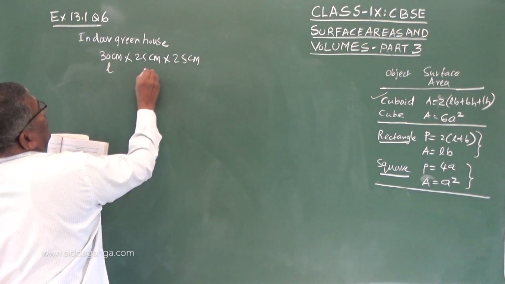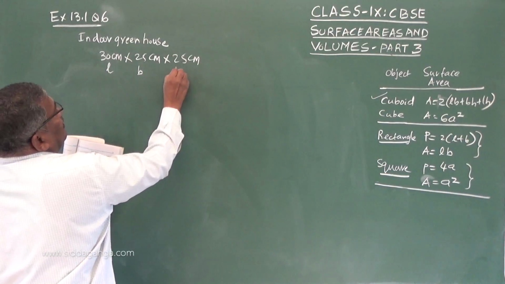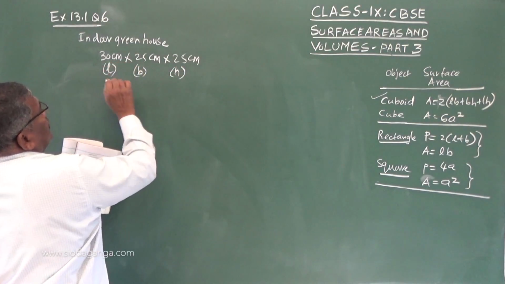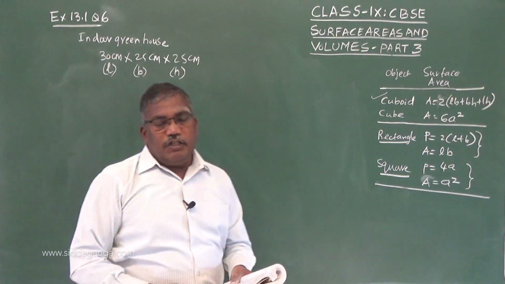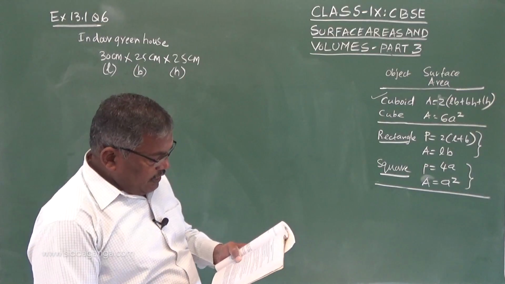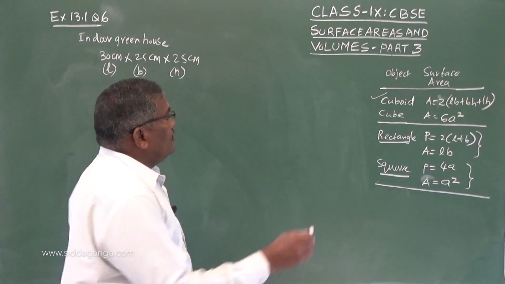So this is L, B, H. Of course, B and H have the same dimension here. So what is the total area of the glass?